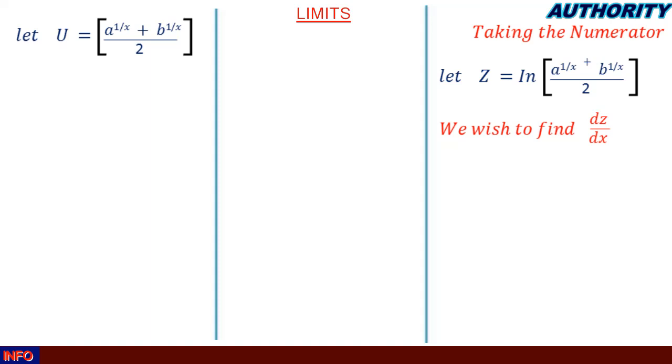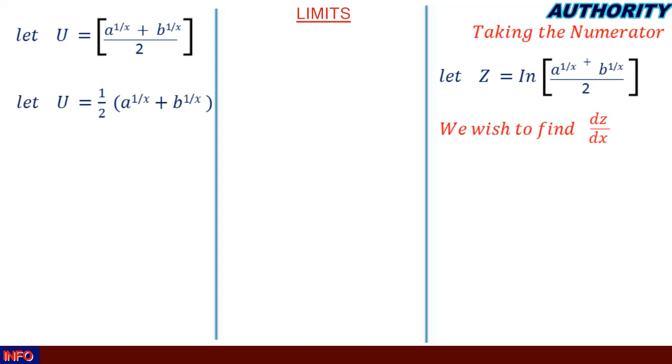Let's go to our u. For us to differentiate u with respect to x, look at it. First of all, let's factor out 1/2. So when we factor out 1/2, it's the same thing as saying u is equal to 1/2, open bracket, a raised to the power of 1/x plus b raised to the power of 1/x.